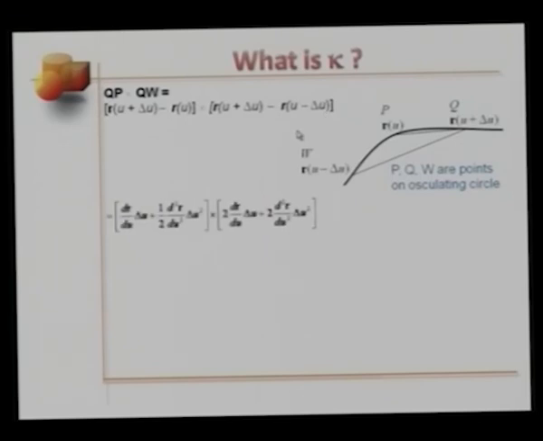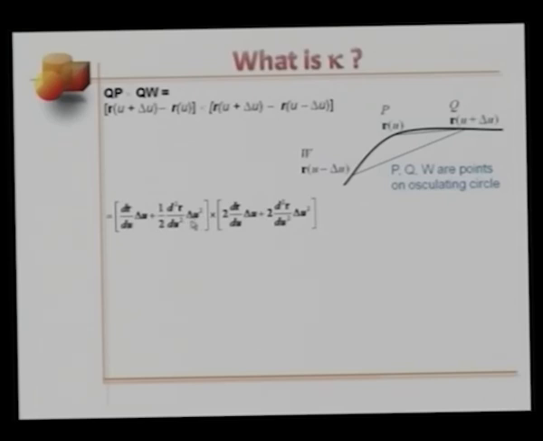We use the Taylor series expansion and consider terms up to second derivatives. R(u + delta u) will be R(u) plus dr over du times delta u plus half of d2r over du squared times delta u squared.